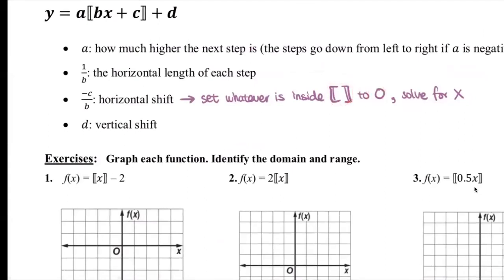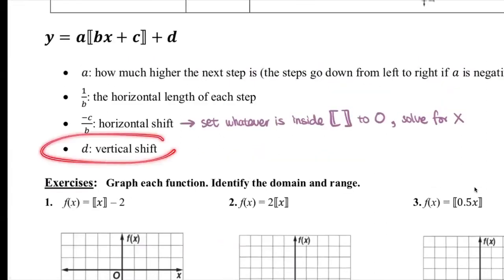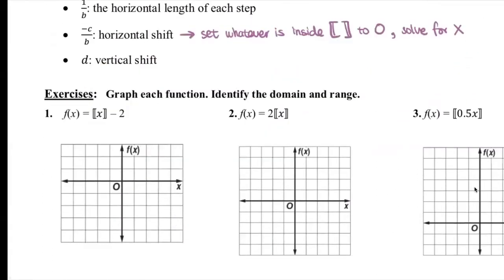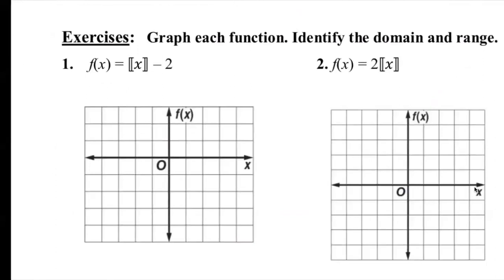Okay, let's do a vertical shift. So vertical shift is this one, where we add or subtract outside the function. All right, horizontal was when it was inside, vertical is when it's outside. This one's pretty straightforward. It's just whatever is out here, that is your vertical shift. So for example, number 1, I can see subtraction of 2.